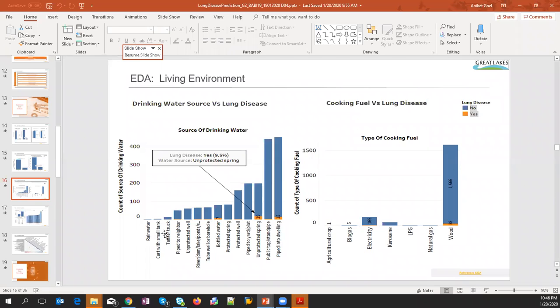The values at the bottom are the type or source of drinking water they are using, somebody using rainwater or protected well water. And if a person is drinking unprotected spring water, then out of all those people, 9.5% have got a lung disease.